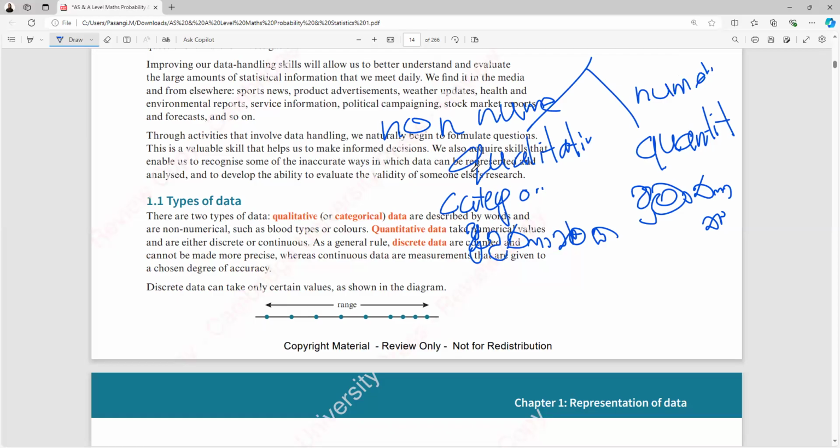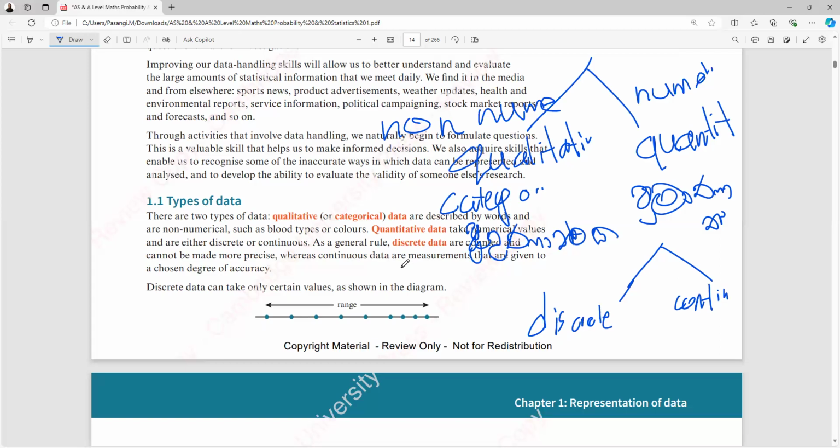Now, for quantitative data, those take numerical values and are either discrete or continuous. Under quantitative data we have two separate categories: one is discrete data, the other is continuous data.